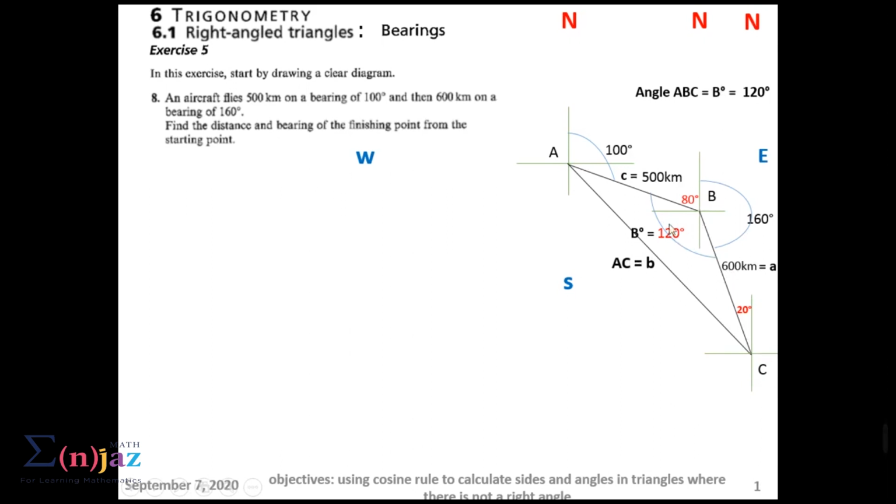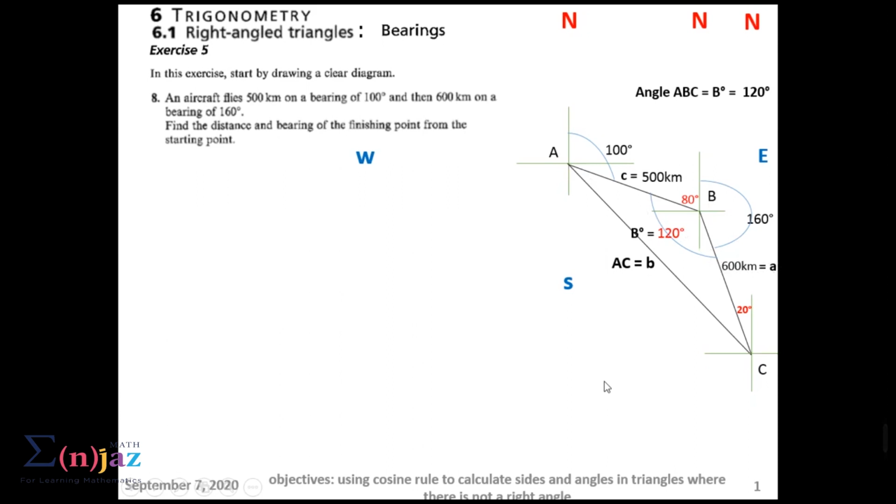The opposite side to angle B is the side named AC, or small b. The opposite side to capital angle C is the 500 kilometers, so the 500 kilometers is equal to small c. The opposite side to capital angle A is the 600, so the 600 is equal to small a.